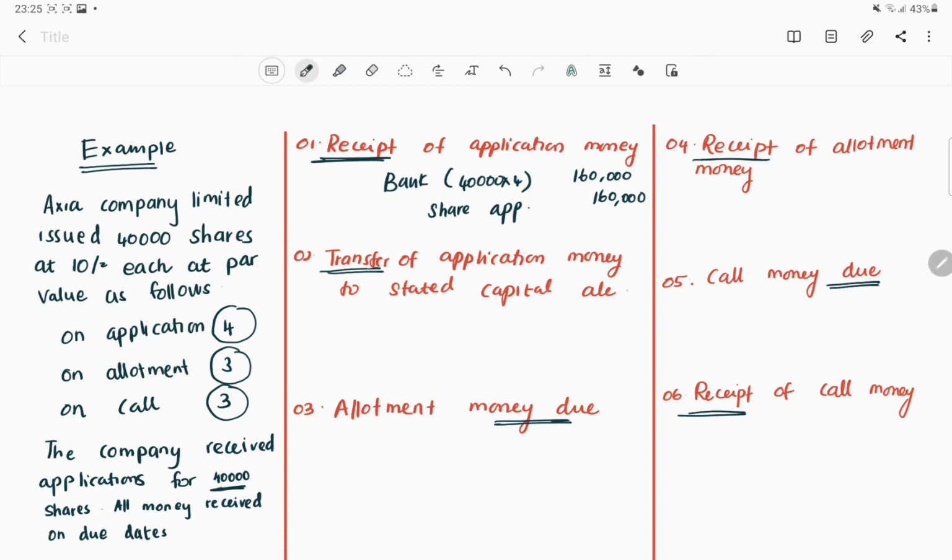Then you need to transfer this share application amount to the stated capital account. What you earlier credited to the share application account, now we are going to remove.